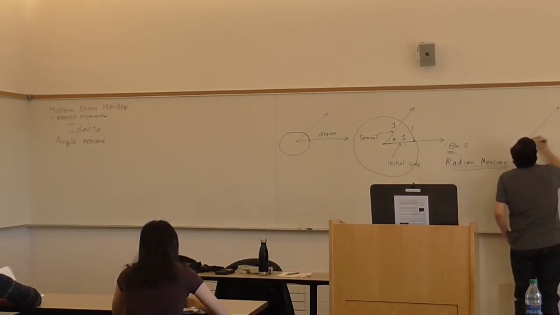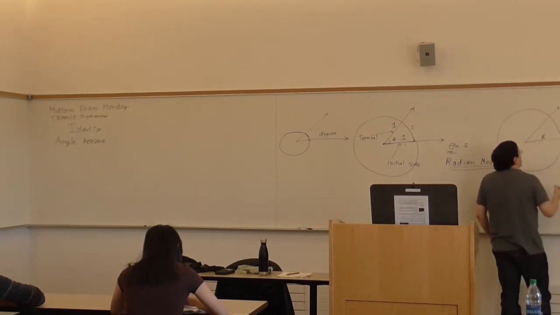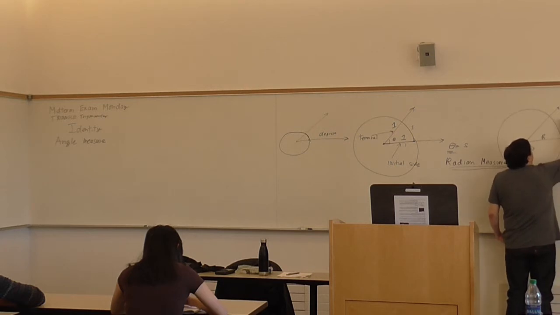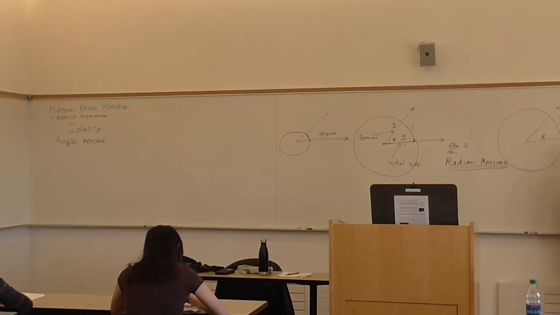You can just draw some arbitrary circle, arbitrary radius r, and let's call this arc capital S. And then our radian measure is capital S divided by the radius.